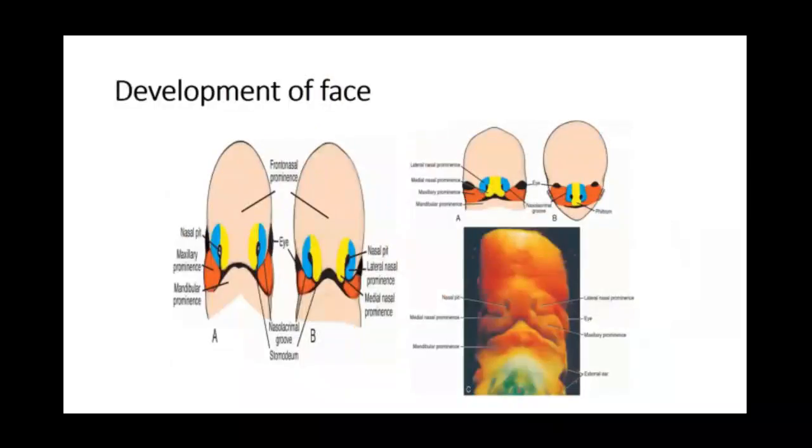Even in this picture, the nasal pit gives rise to the lateral nasal prominence and medial nasal prominence, then you have the stomodeum, the maxillary prominences, and then the mandibular. You can see in this picture very clearly that the ear starts to develop at the first arch. The first cleft is slightly lower down, and this is then ultimately going to shift upwards.